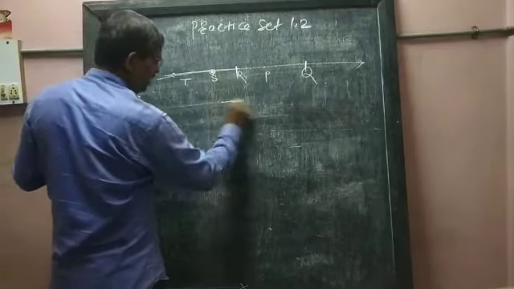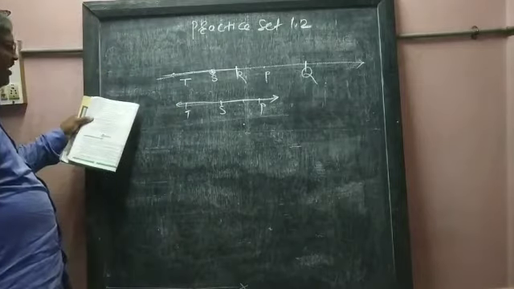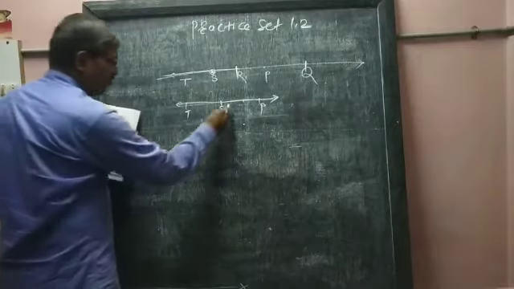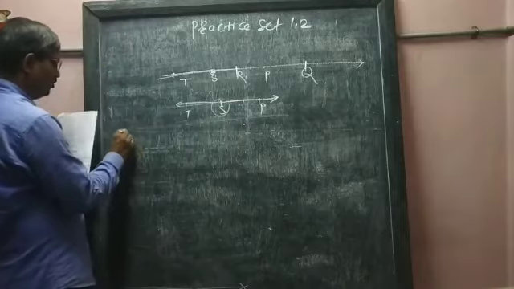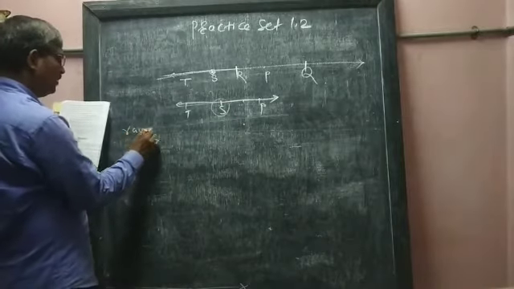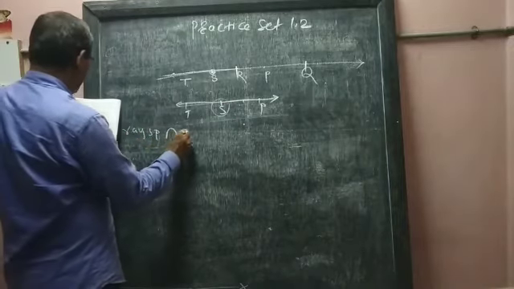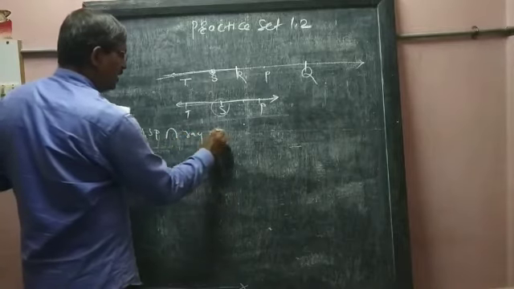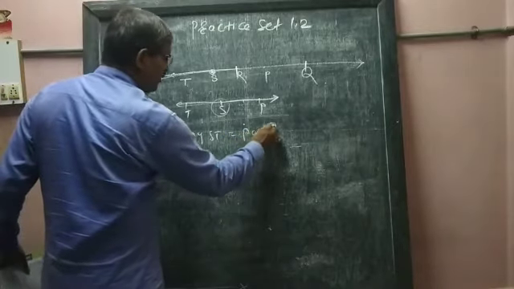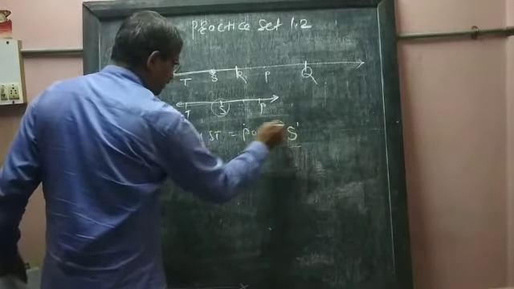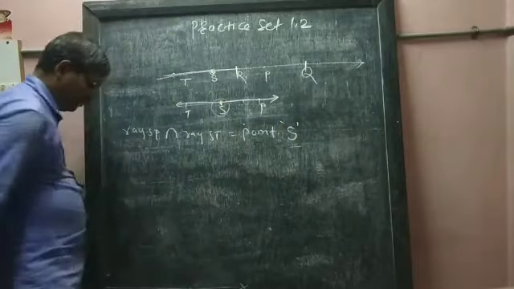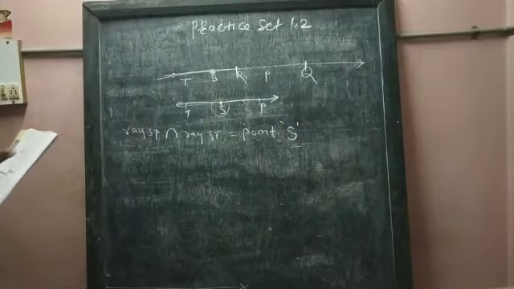Find the intersection set, which is what is common. S is common, so we write ray SP intersection ray ST is equal to point S. Which is common, that is the intersection set of it.